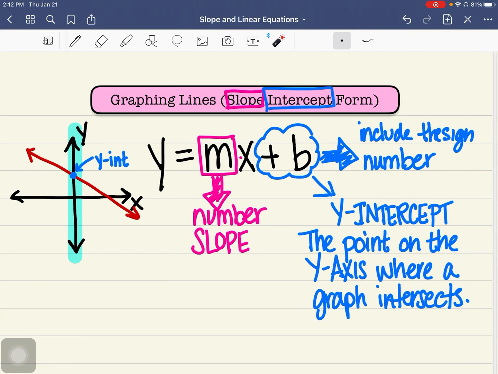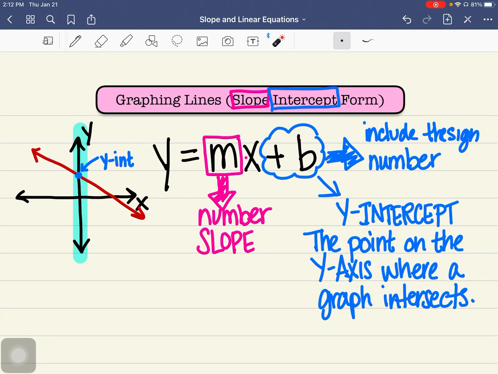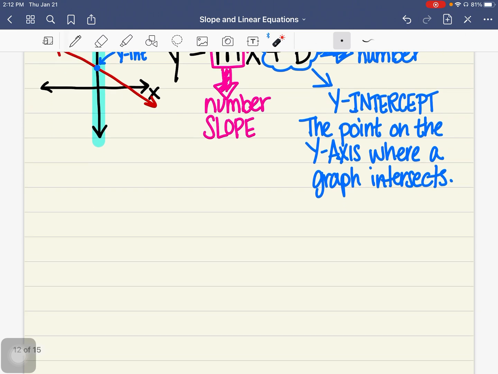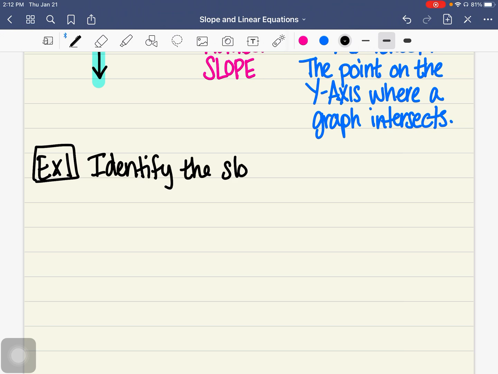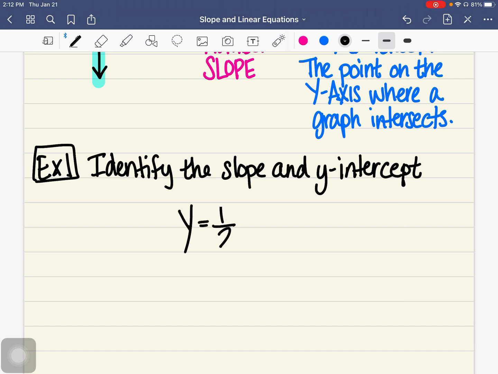So before we can actually get to graphing, we're just going to practice identifying what those numbers are. The first example is: identify the slope and y-intercept of y equals 1/2 x minus 4.